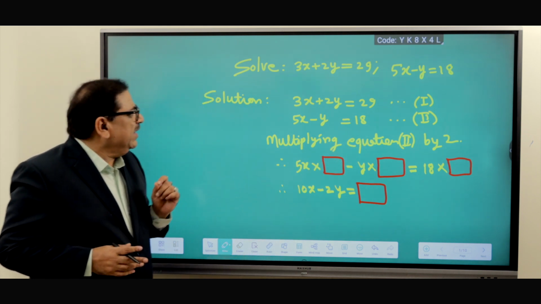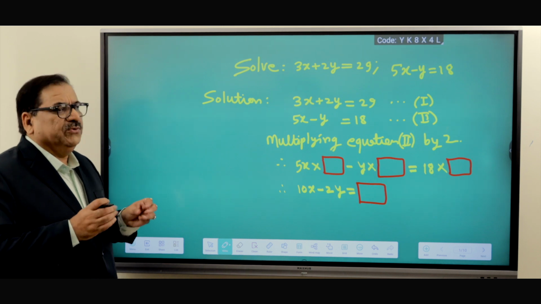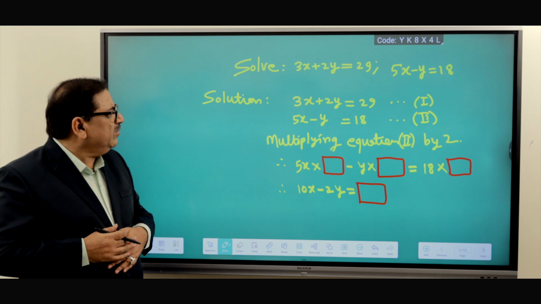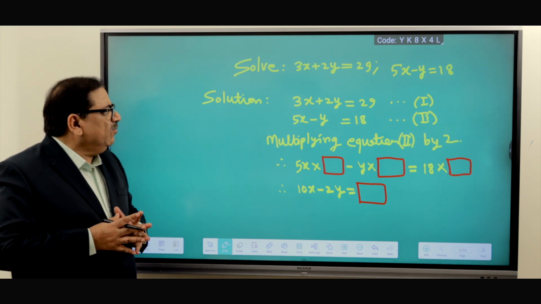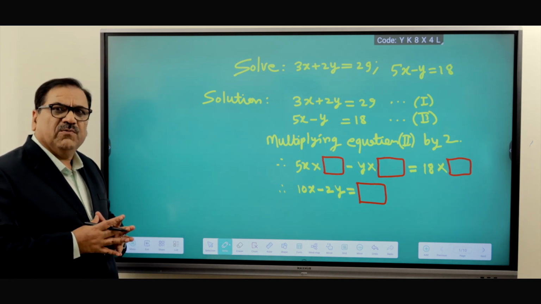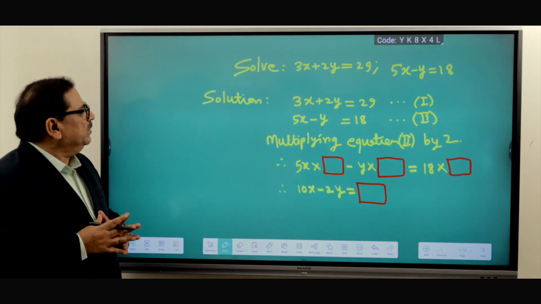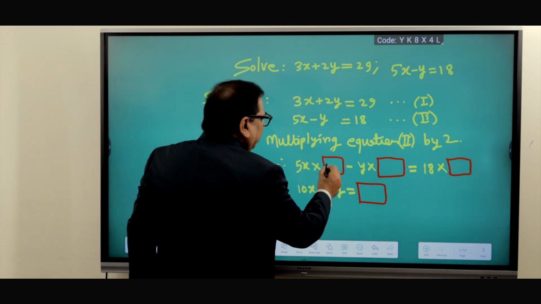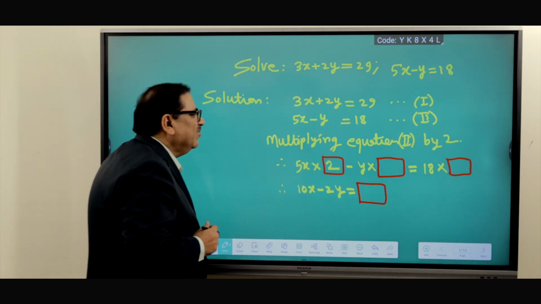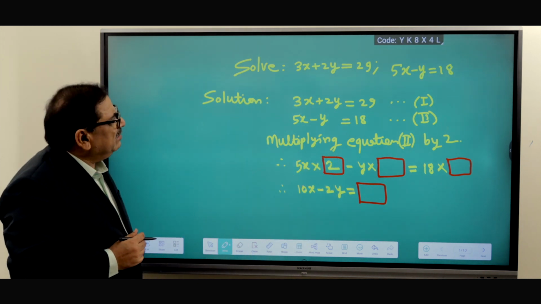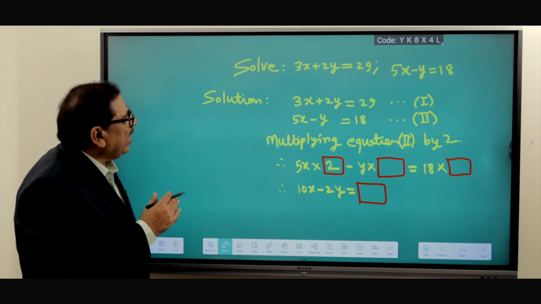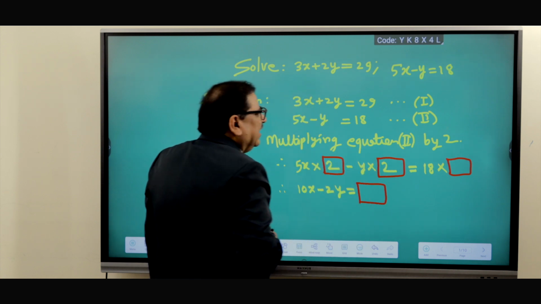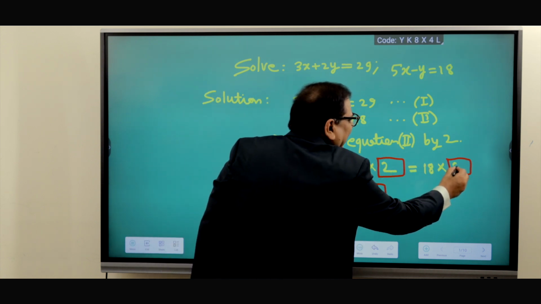Now multiplying equation 2 by 2. This is the second equation. We are multiplying both sides of equation 2 by 2. So 5x into 2, then minus y into 2, then 18 into 2.